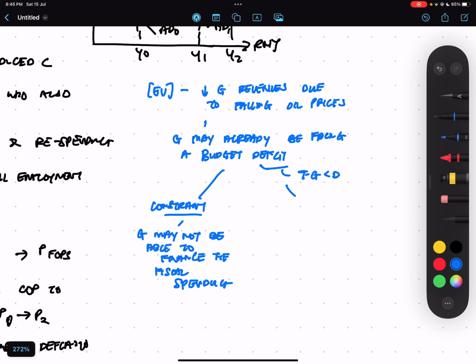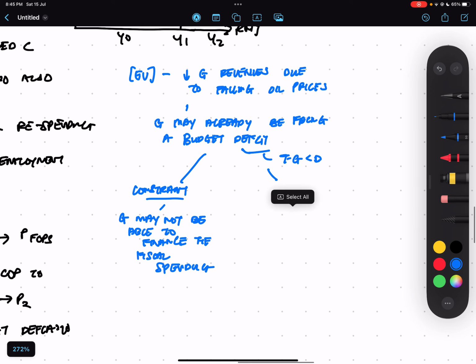The second thing is that there might be difficulties because of crowding out. The government has to borrow from the loanable funds market, from their own domestic banks. If the demand for loanable funds goes up, then the price of loanable funds will go up, because everybody wants to borrow the money.